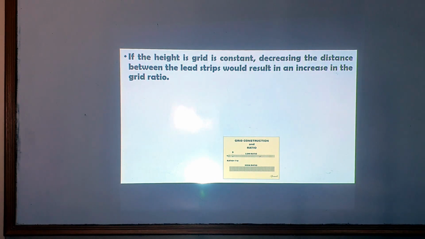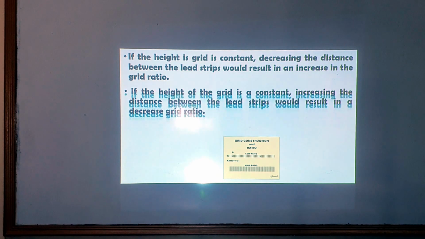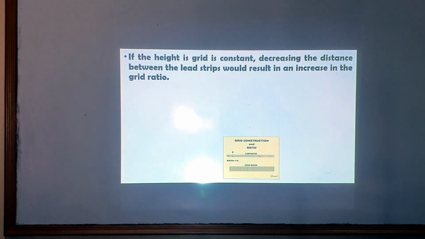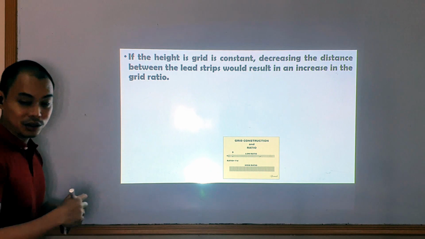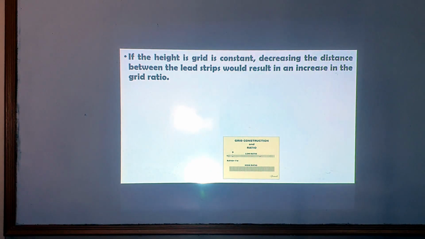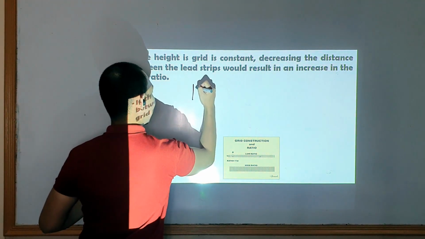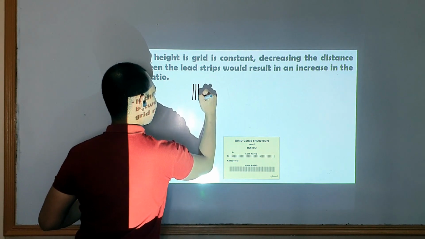Remember, if the height of the grid is constant, decreasing the distance between the strips would result in an increase in grid ratio. Once again, if the height is constant, just like this, same height.